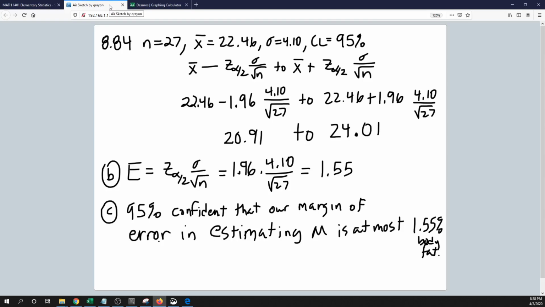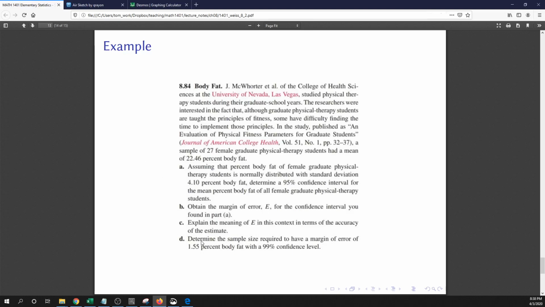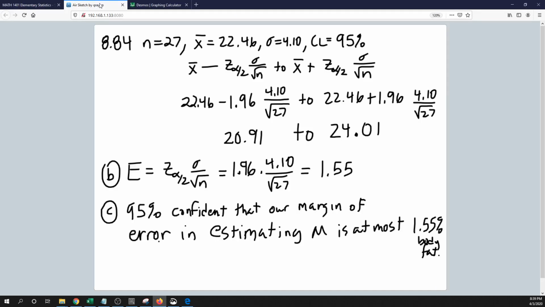Next up is part D. Part D says determine the sample size required to have a margin of error of 1.55% body fat with a 99% confidence level. I am going to erase this part.